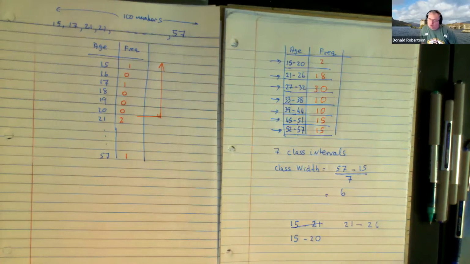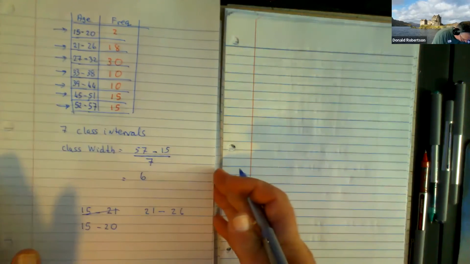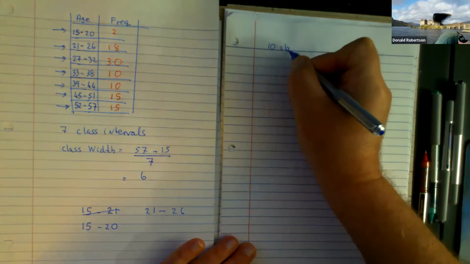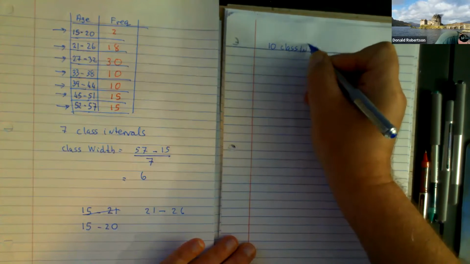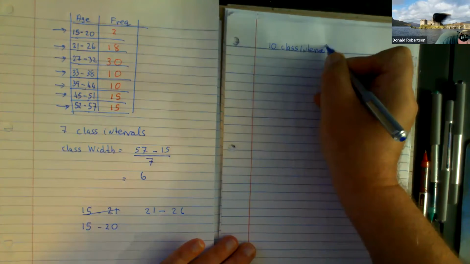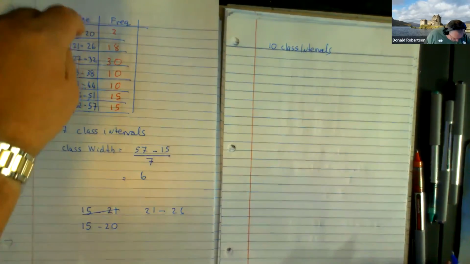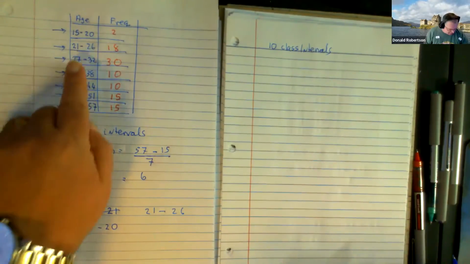Let's suppose they told me that they wanted 10 class intervals. Well, if you're doing 10 class intervals, that means you're going to have 10 of these guys, right? Each one of these is called a class interval, so you want 10 of them.